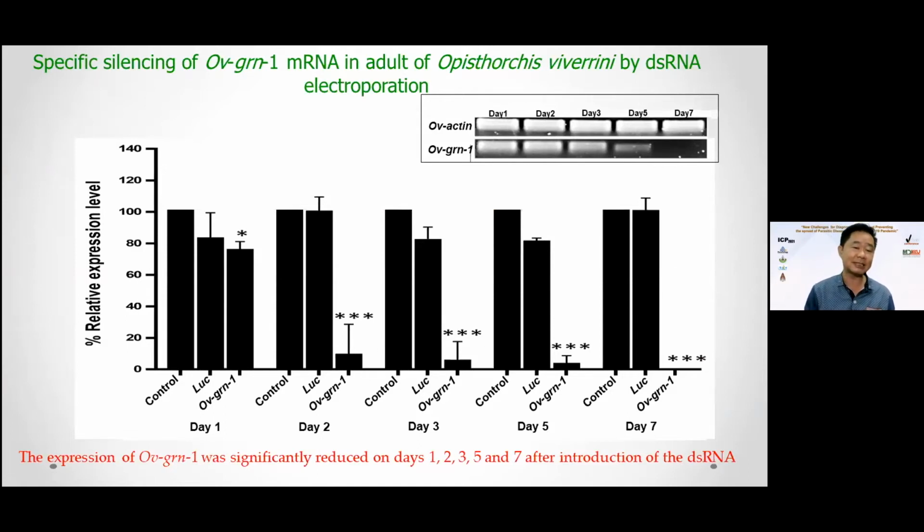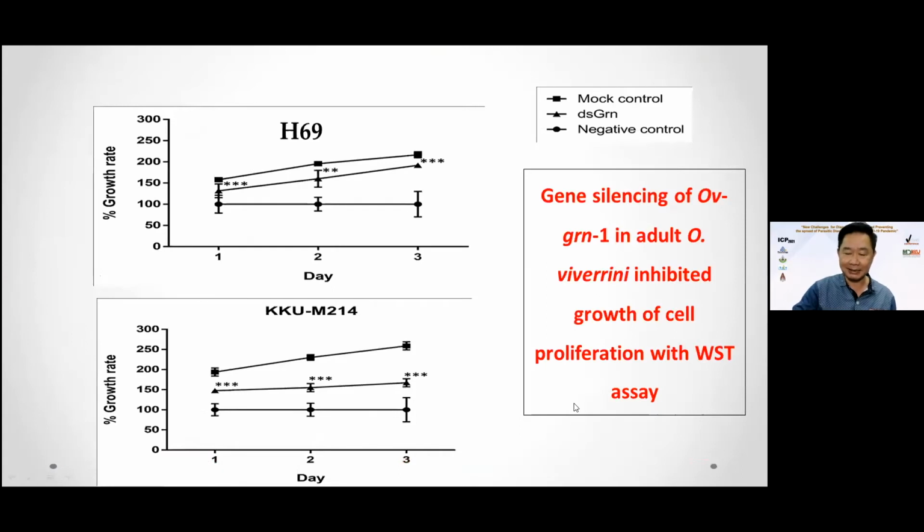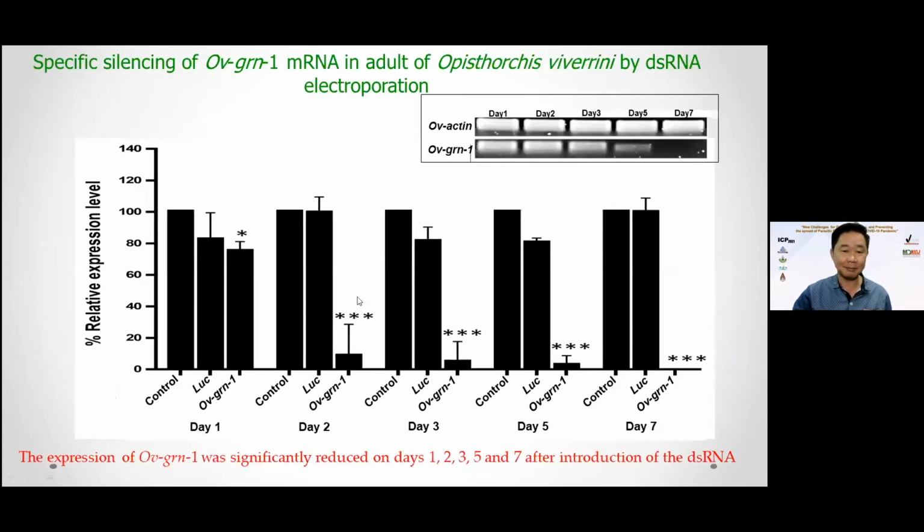Using the same system, we electroporated 40 to 50 micrograms of double-strand RNA into the worm, then cultured it and checked the mRNA. It is almost 100% decreased, as you can see from the graph. For OV Granulin 1, from day 2 the messenger RNA starts to decrease.